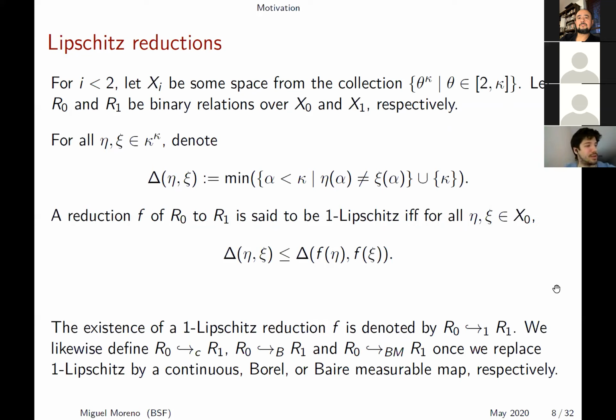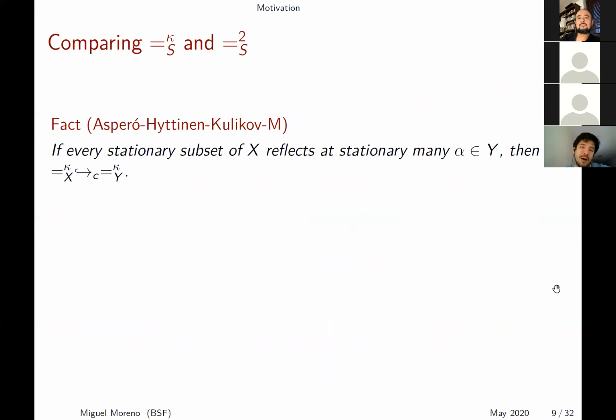So let's see. Now you can talk about reducing one relation to another. You can reduce the equivalence modulo non-stationary in the Baire space or in the Cantor space. One result, this result took a lot of time to write.